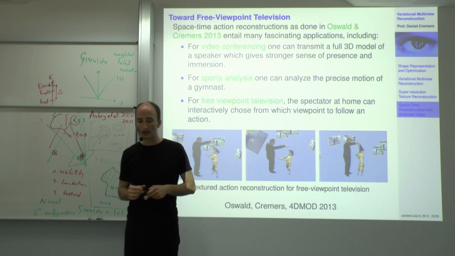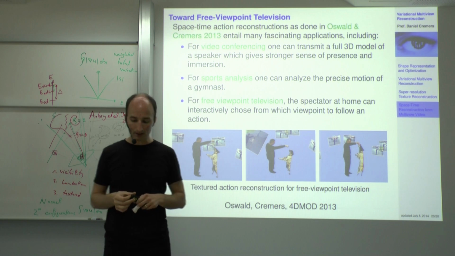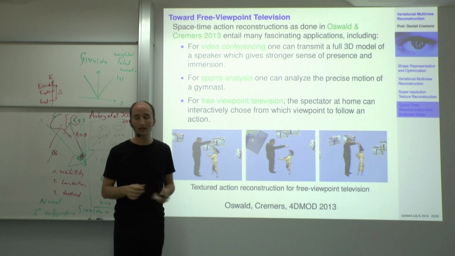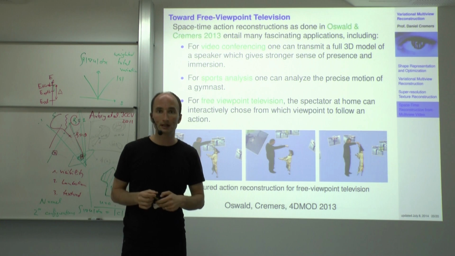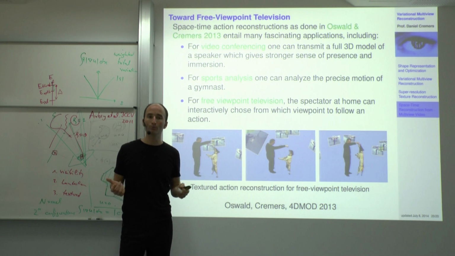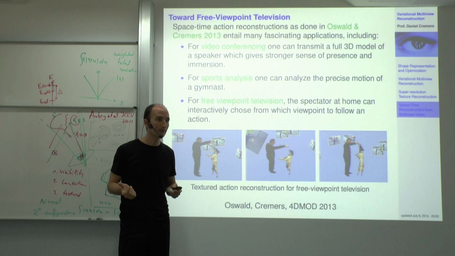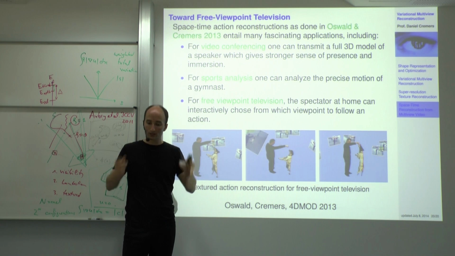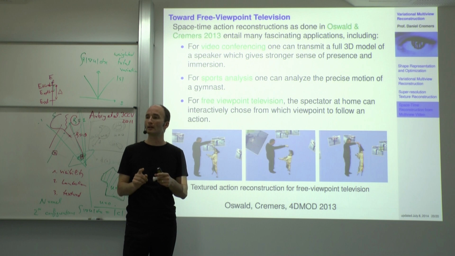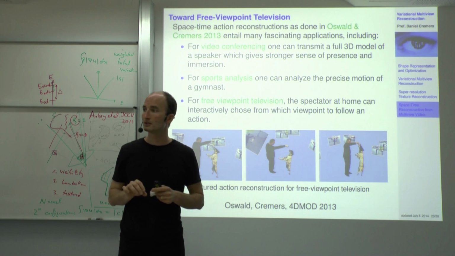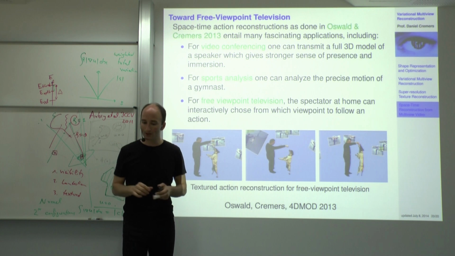And ultimately, one application that I think will be coming as well, sooner or later, is what is nowadays called free viewpoint television. That's an application where you sit at home, watch your favorite movie, maybe Sunday night, and then while the movie is running, you can choose from which viewpoint to look at the action. Right? Imagine that would be quite incredible.